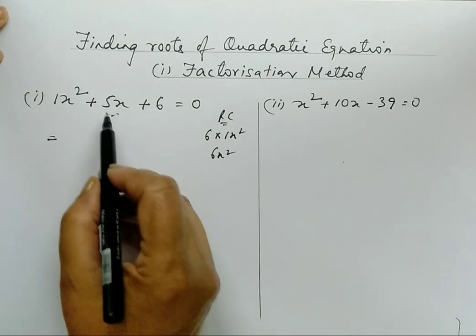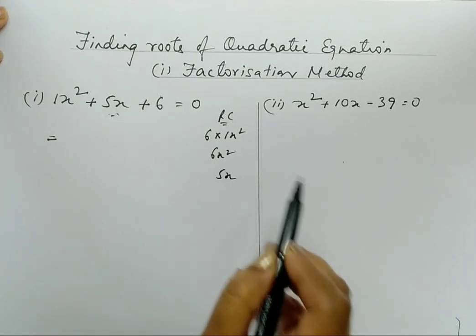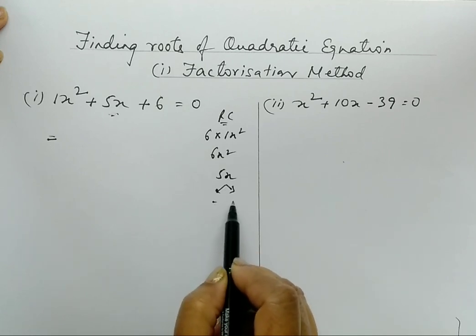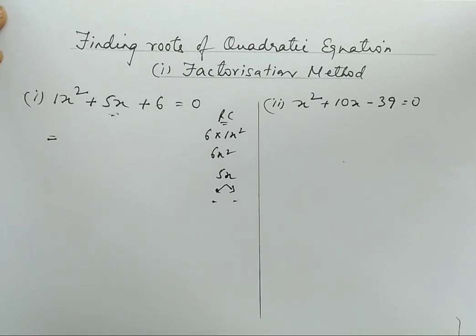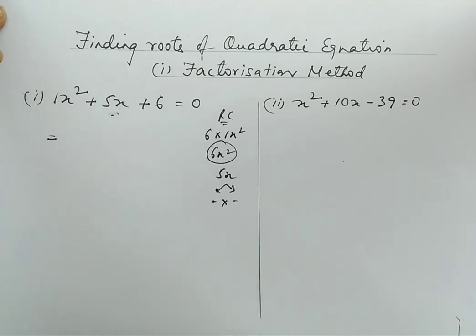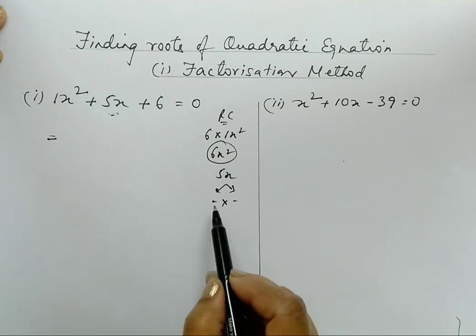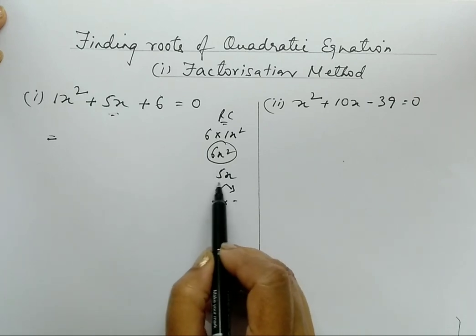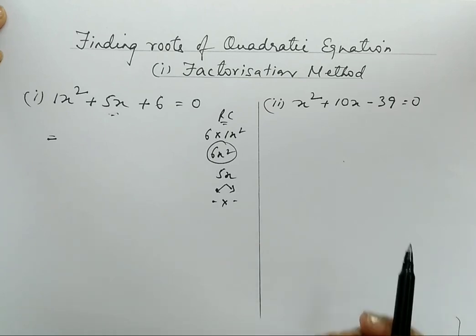Correct? Now in the middle we have 5x. We need two numbers here which when multiplied will give us 6x square, but when we add or subtract, we must get 5x. Interesting, isn't it? So let's do it.